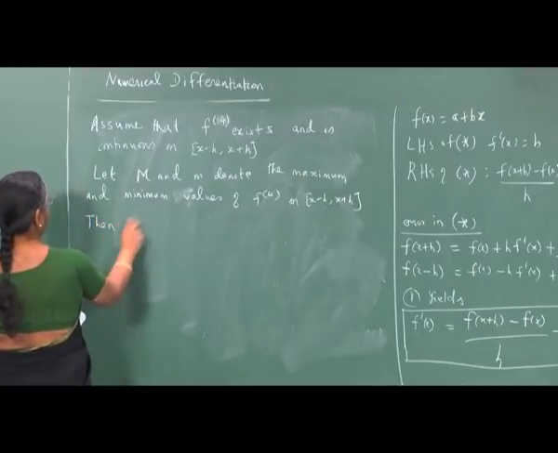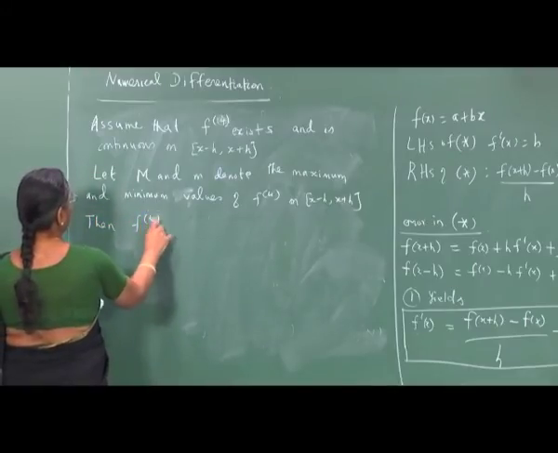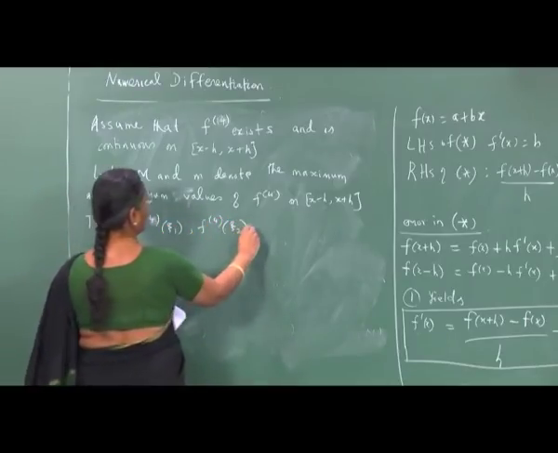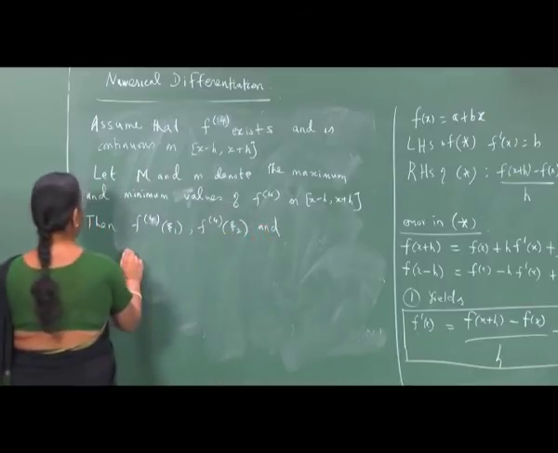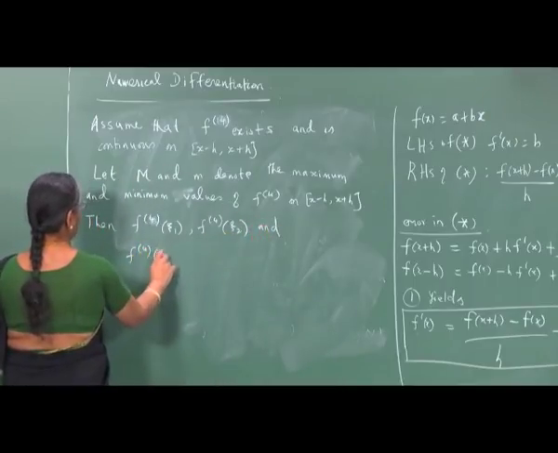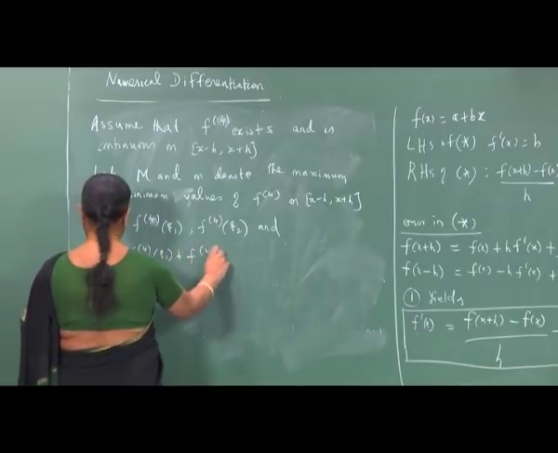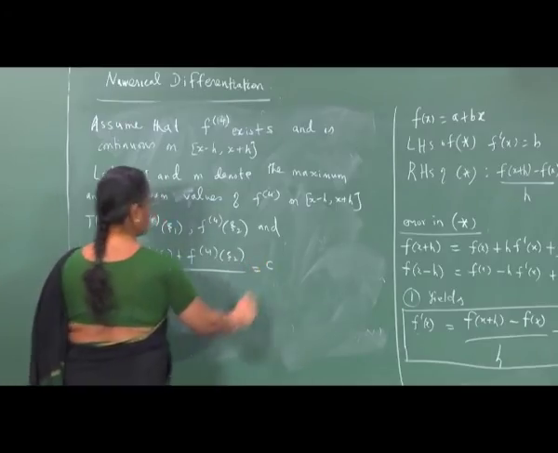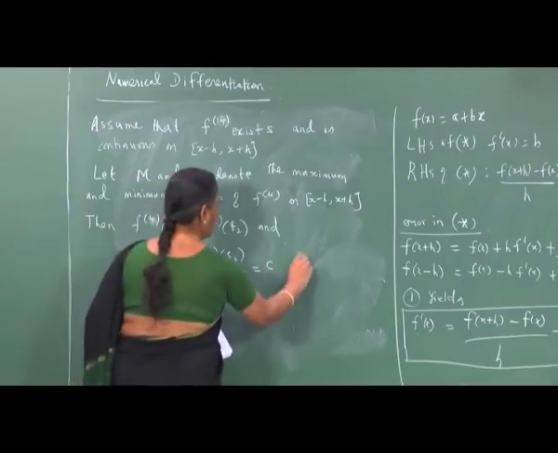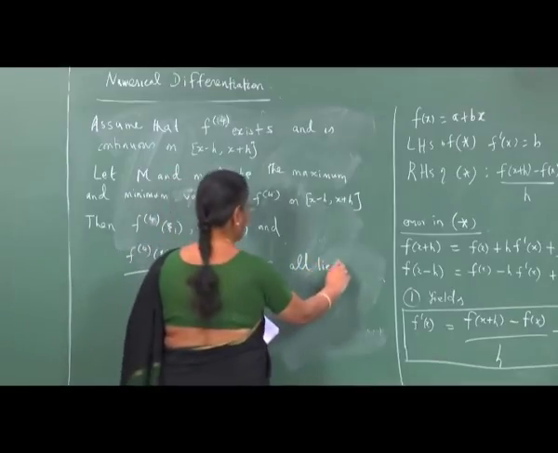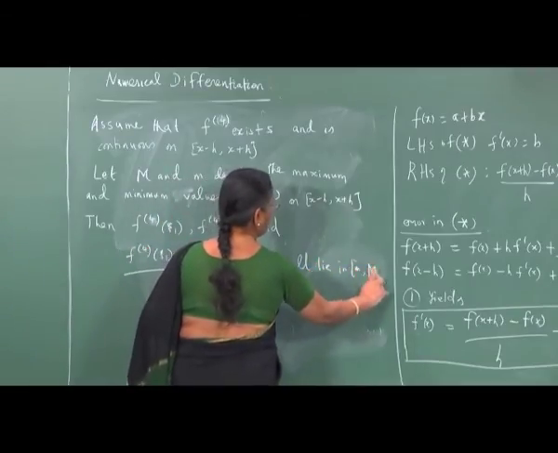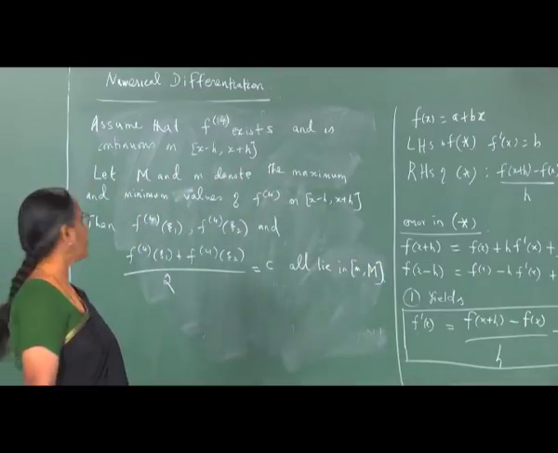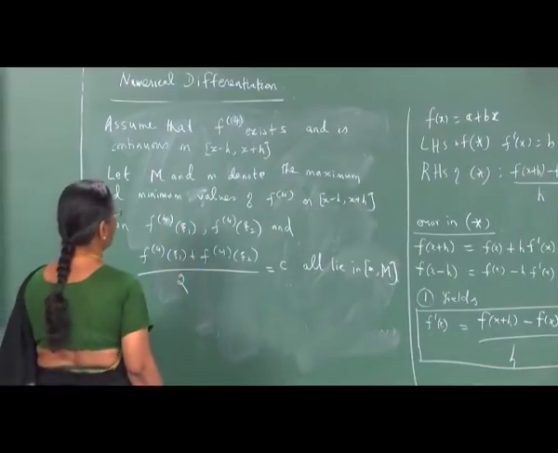Then we know that the fourth derivative at psi 1, the fourth derivative at psi 2, and the fourth derivative at psi 1 plus the fourth derivative at psi 2 by 2, let us call this some c, they all lie in the interval small m to capital M, because small m and capital M are the smallest and the largest values of the fourth derivative on this interval.